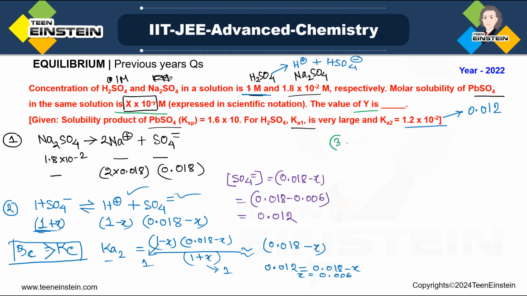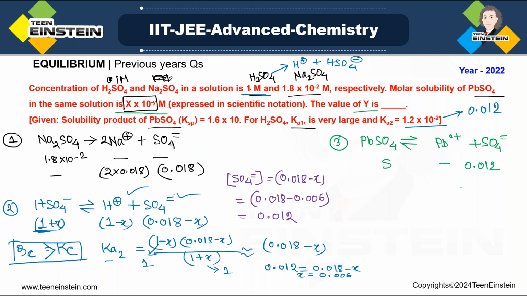So in the third part, PbSO4 is dissociating to Pb2 plus and SO4 2 minus. If we consider solubility, initially it is 0, and this is 0.012.